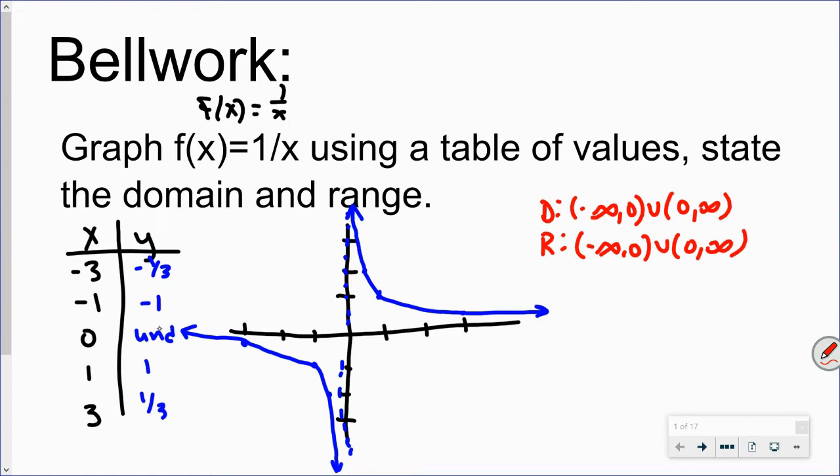This creates a horizontal asymptote and a vertical asymptote. This is our parent function. Just like with the other parent functions, I could shift this up, down, left, right, stretch, or shrink. I can still do all that, and we're going to talk about that in the coming slides.